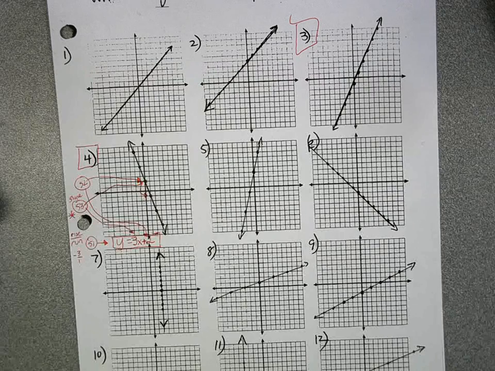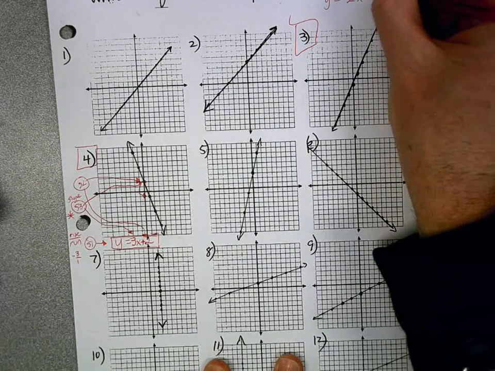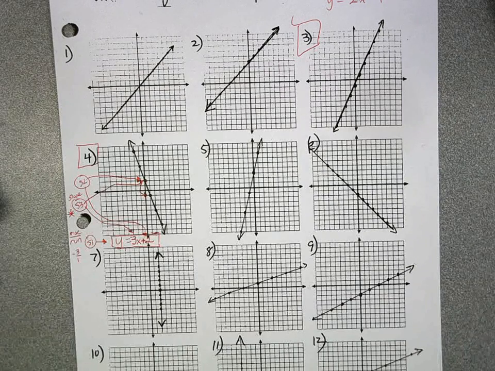Looking for an answer. What is your equation? All right, seat 16: I got y equals 2x minus 1. All right, agree, disagree? Y equals 2x minus 1. Okay, a lot of agreements and disagreements. Does anyone have something else they'd like to share? Okay, well, let's check it out.